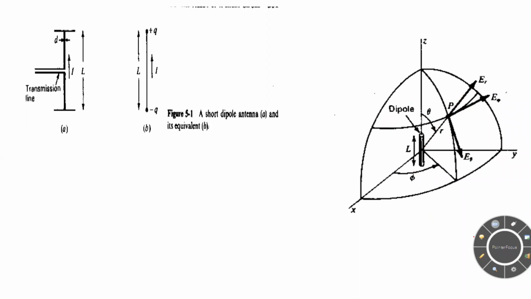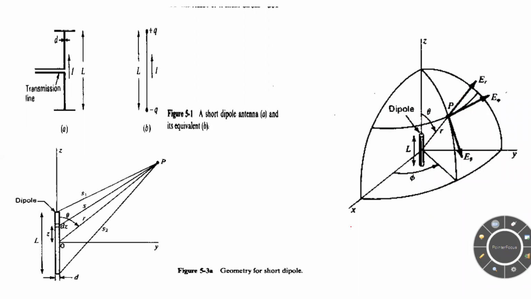Now, when I consider this point, how do I geometrically represent it? We have a dipole of length L, and this is the origin point.